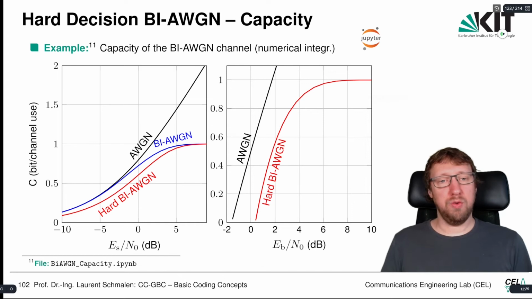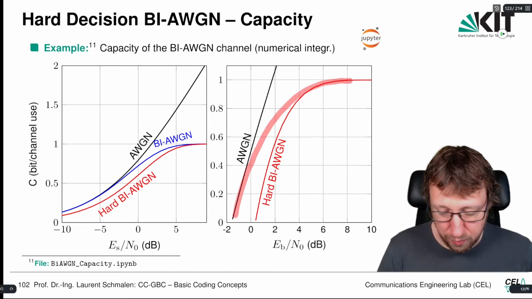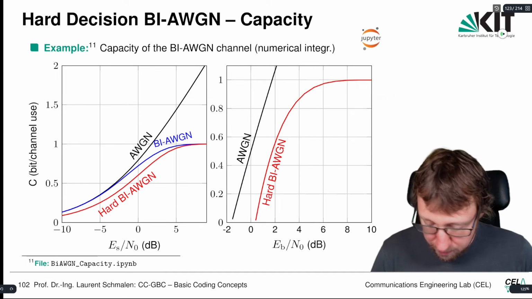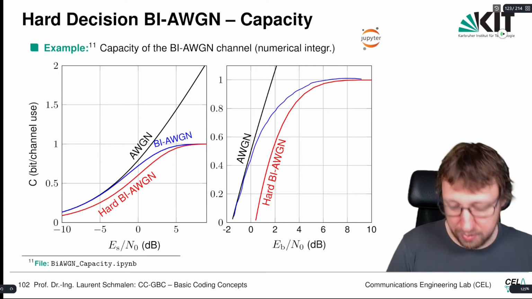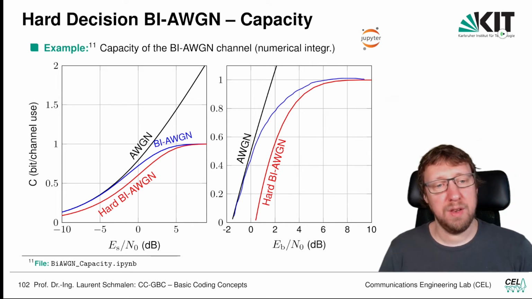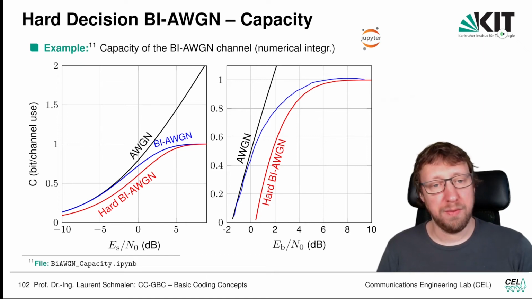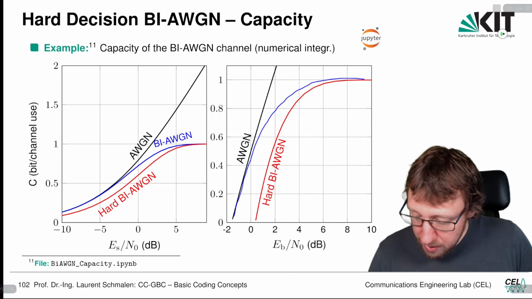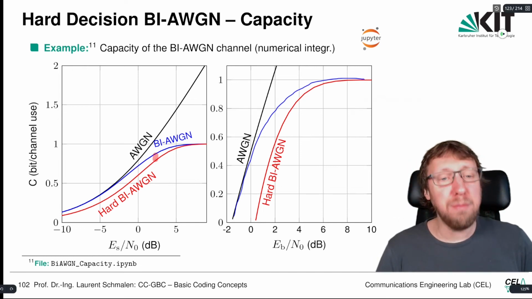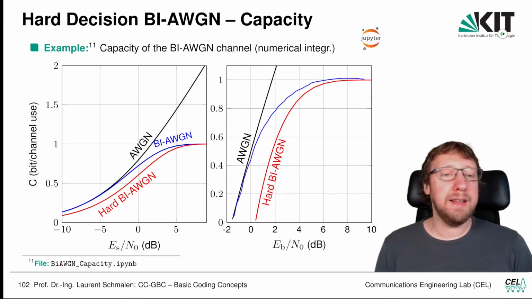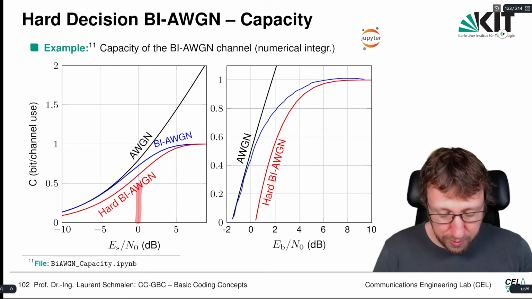And this is what we do here. On the right-hand side, just for simplicity, I left away the blue curve. We can also plot it, and that's how it looks. So we see that there is a considerable gap in terms of capacity. We have a vertical gap, which means that the rate of our codes must be smaller if we have a channel with a certain signal-to-noise ratio.